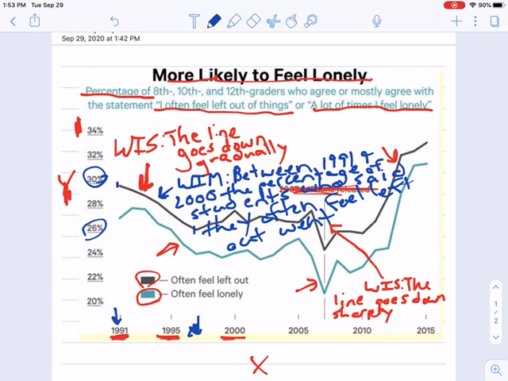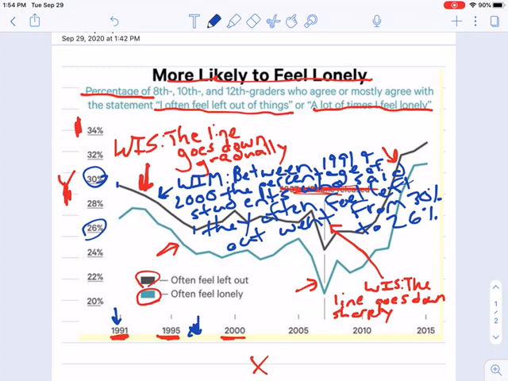That's just one example of a WIS, what I see, which is your observation, and a WIM, what it means, which is your inference or your meaning for that observation.